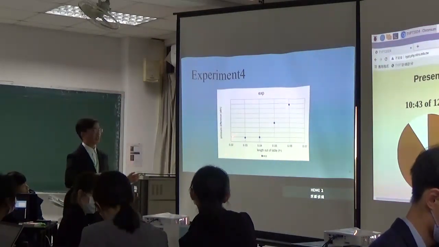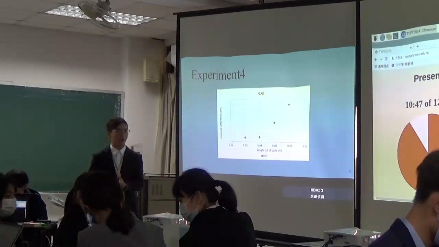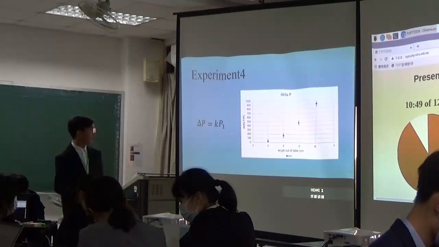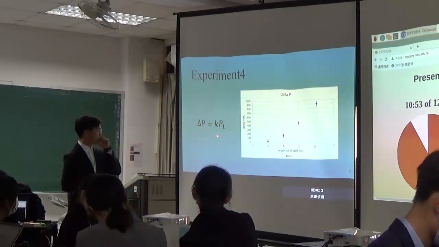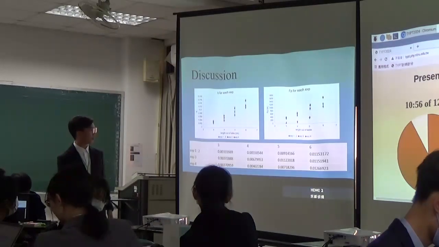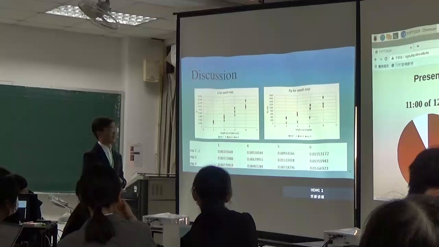So we need more pressure difference as the length of the ruler outside of the table increases. And this is because of the delta P here.